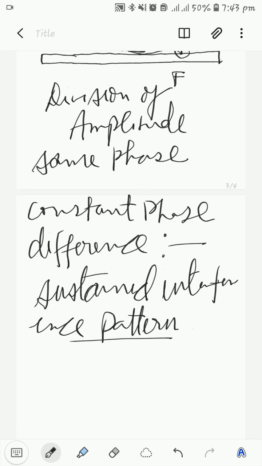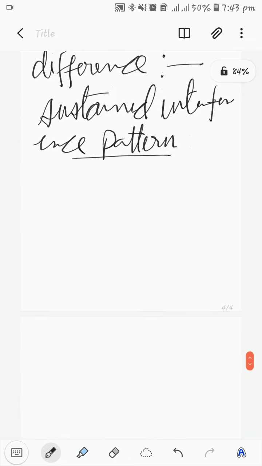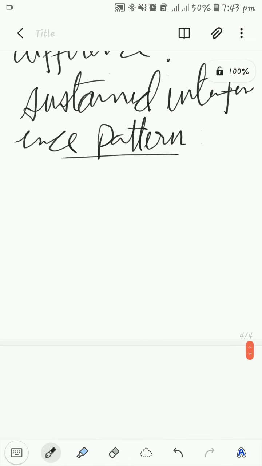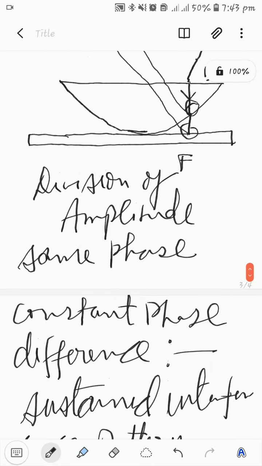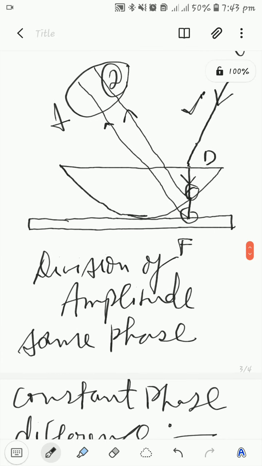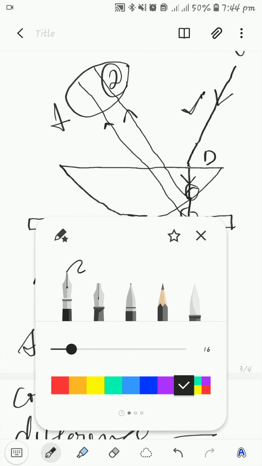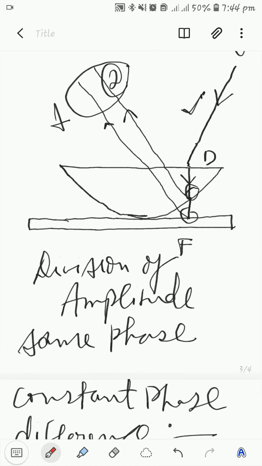Okay, now after we get the required interference pattern, what happens? One more thing we have to consider here is, in this part, the light ray is incident and it goes into a glass sheet of refractive index mu.